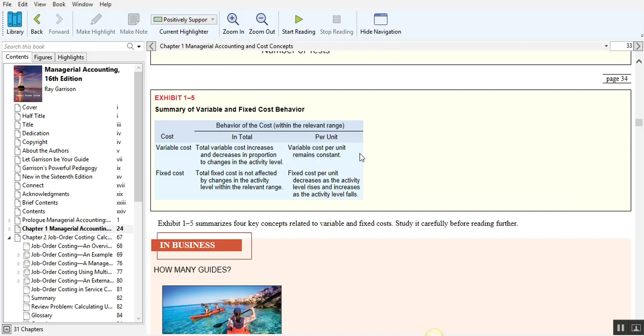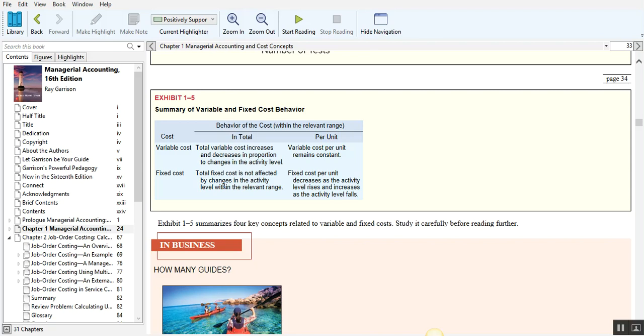So we're going to say however many of these we want to make, we know that it's going to take X amount of cost per unit to make it, and that will increase in total with the number of units we make. With fixed costs, the total cost in the whole will not change.